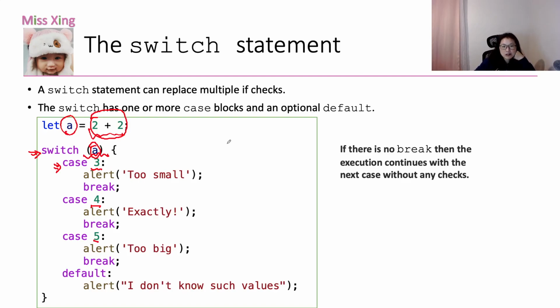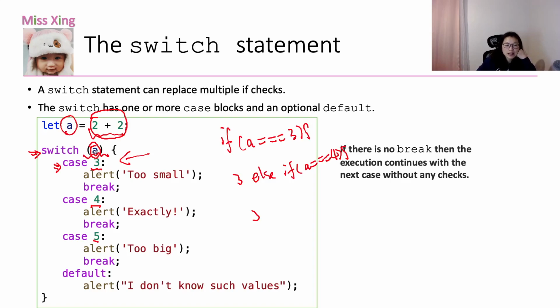For this one, it's like if a equals 3, it will do the things inside the block between the colon and the break. Else if a equals 4, then we'll do something else. Else if a equals 5, do something. Else, which is the default case, is this one.